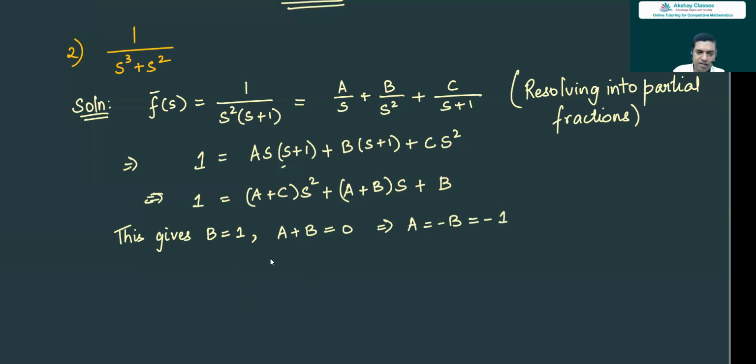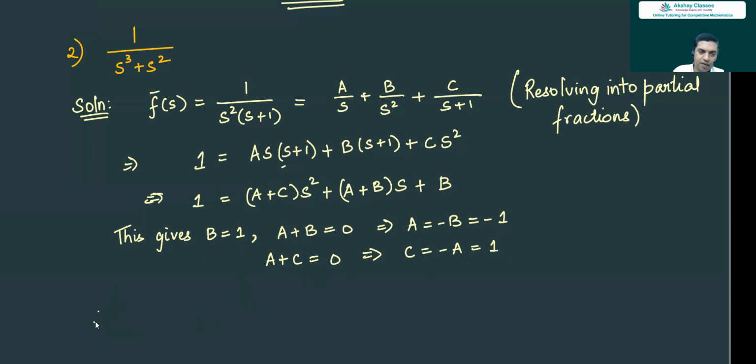And then a plus c is equal to 0, because the coefficient of s is 0, the coefficient of s square is 0, and the constant term is equal to 1. So b equal to 1, a plus b is 0, a plus c is 0. So c is minus a, which is minus of minus 1. So we get b equal to 1, c equal to 1, and a is minus 1.